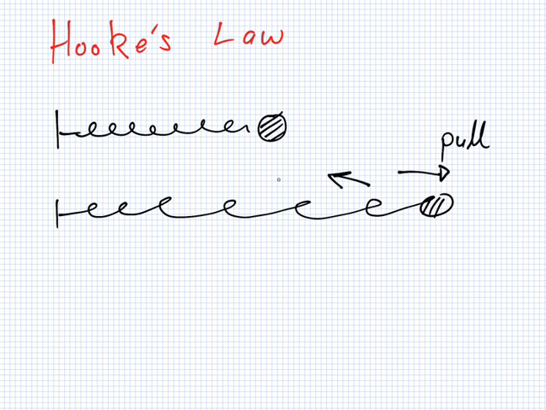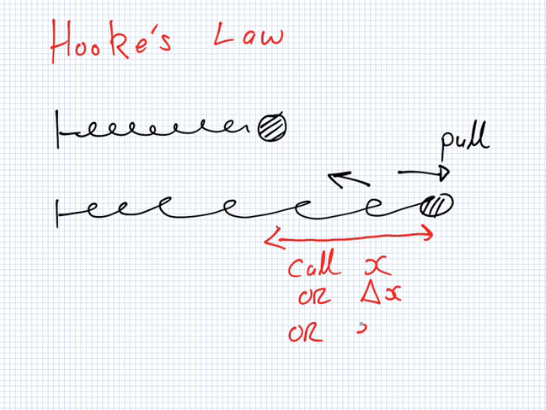Now, this distance here, people call it different names. You can call it x, or delta x, or ext, or you can call it e. And what it means, in English, is extension.